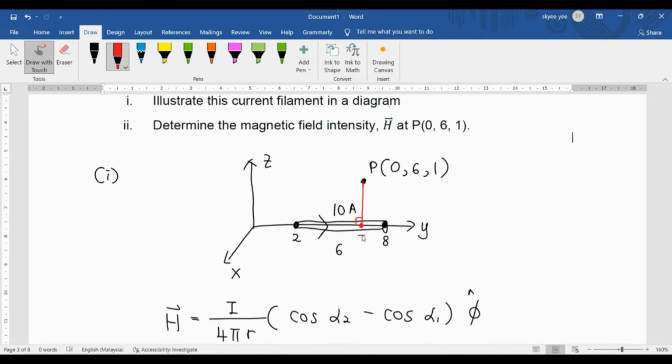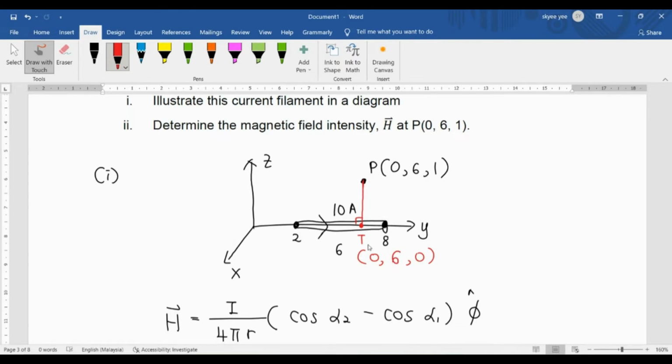So your point T is over here. You can determine the coordinate of point T by referring to your current filament. Your current filament is along the Y axis, so its X is 0 and Z is also 0. But Y you don't know, so you refer to the Y coordinate of point P, which is 6.